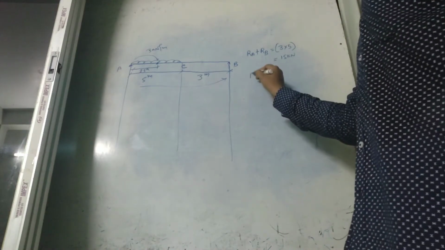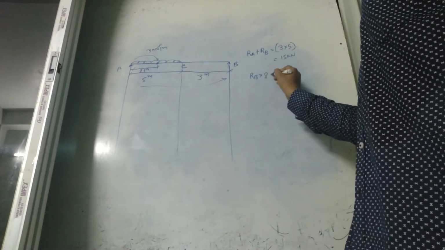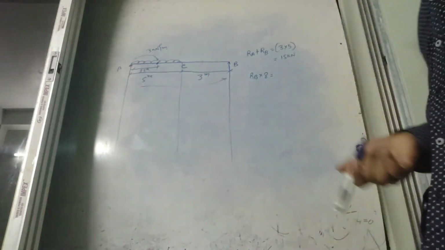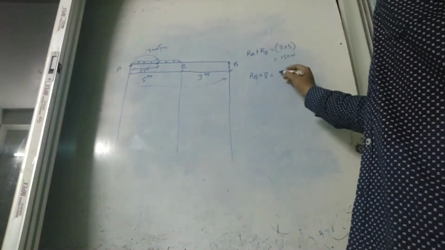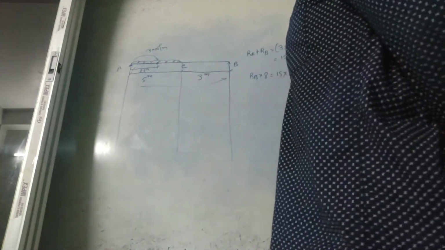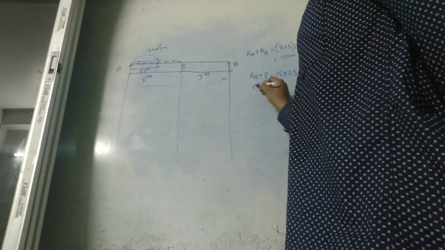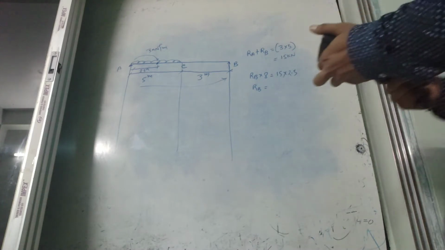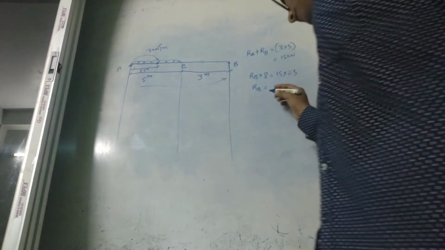So now we go for RB into 8 meter anti-clockwise, because RB is acting 8 meter from the point A. Now the total load is 15 kilonewton, which will act from 2.5 meter from A. So RB equals 15 into 2.5 by 8.